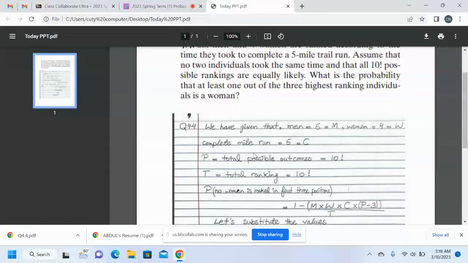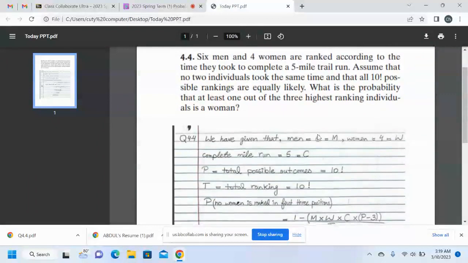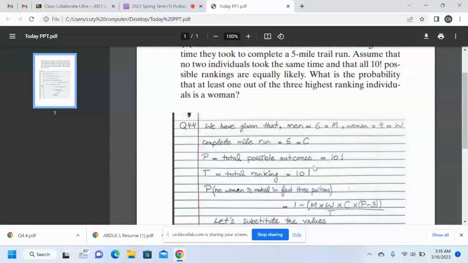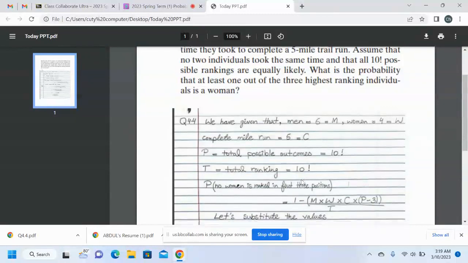From the question we are given that men is equal to 6, which we denote with M, women is equal to 4, which we denote W. Complete mile trail run is equal to 5, which we denote with C, and the possible outcomes P is equal to 10 factorial, and the total ranking is also 10 factorial.